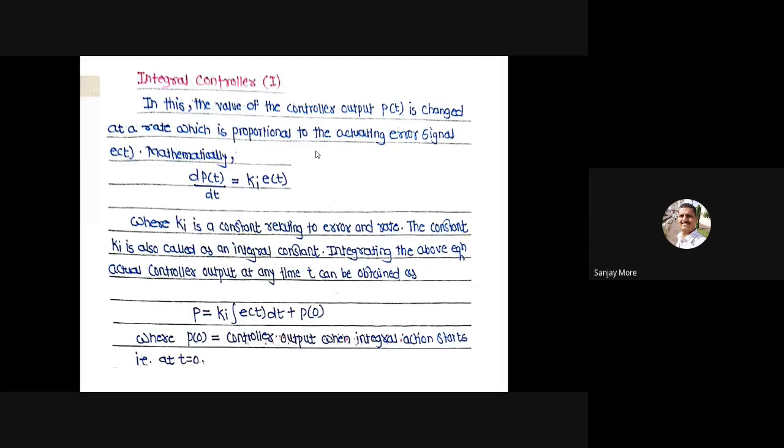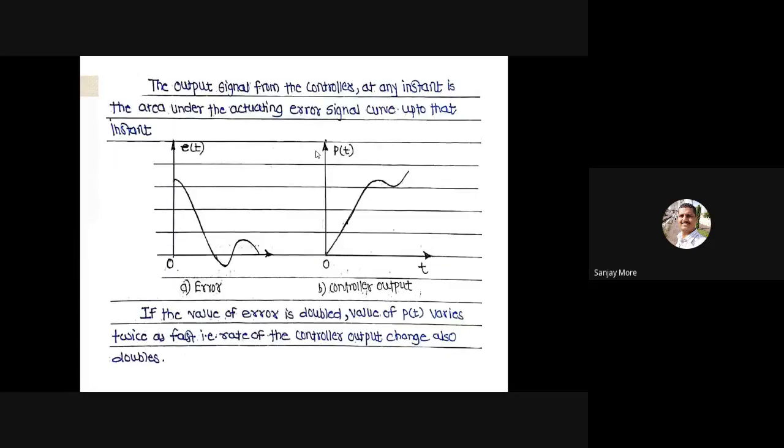Ki means constant of integration. The mathematical equation obtained is P equal to Ki integral of e(t) dt plus P0, where P0 means control output at t equal to 0. In this diagram, the first graph displays the error and the second is the control output.